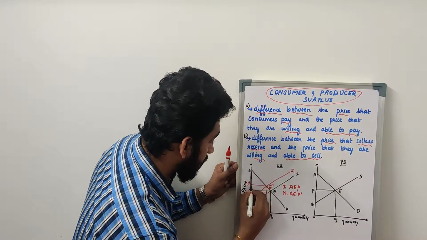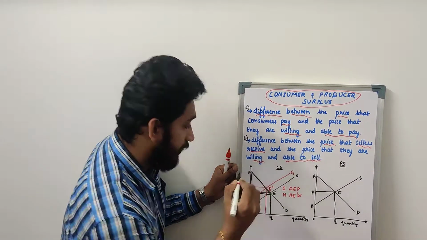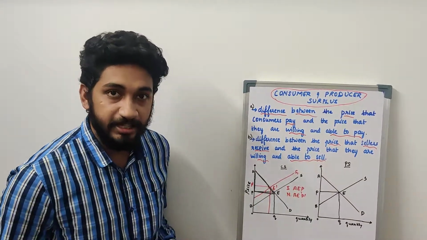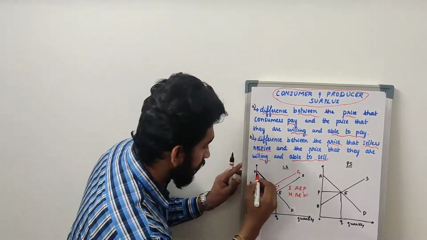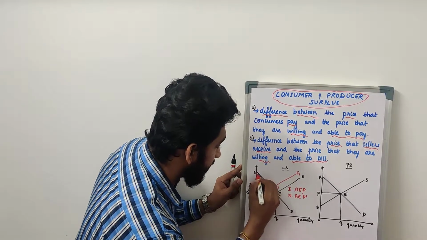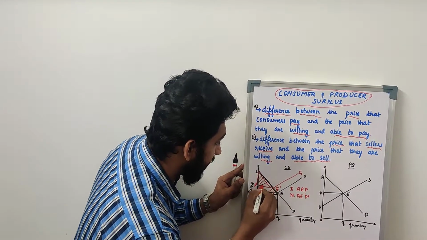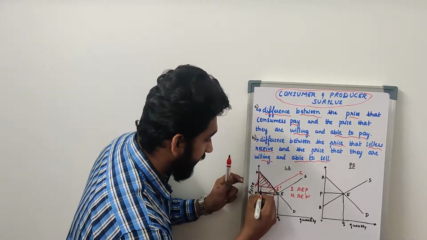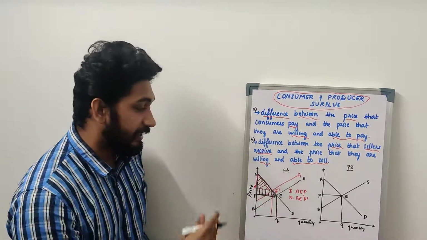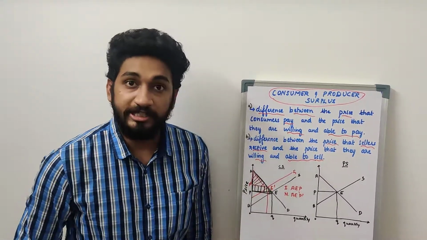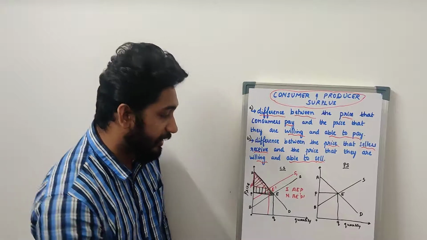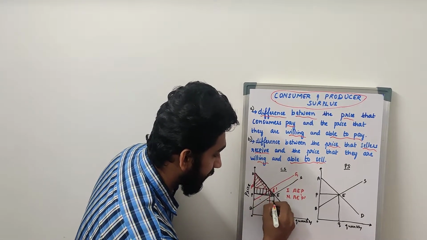The black highlighted one is your initial consumer surplus. Now, because of the increase in price, the shaded area in red becomes your new consumer surplus, and the area shaded in black is your initial consumer surplus.